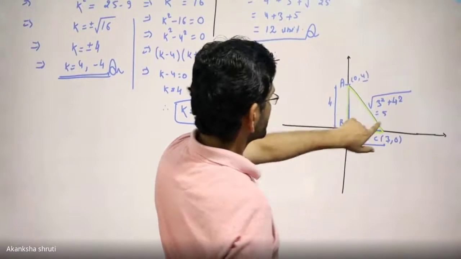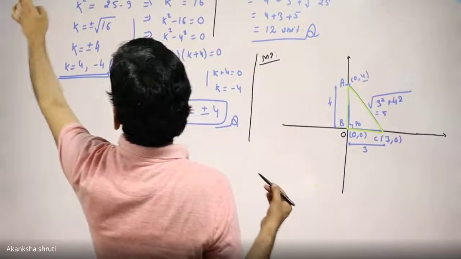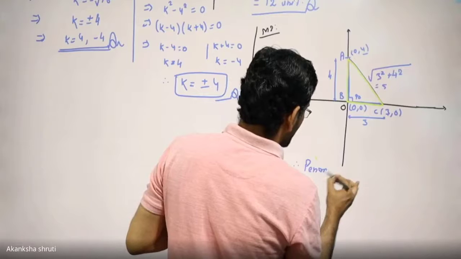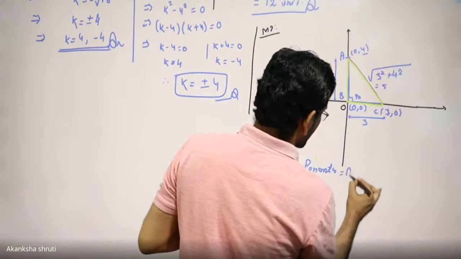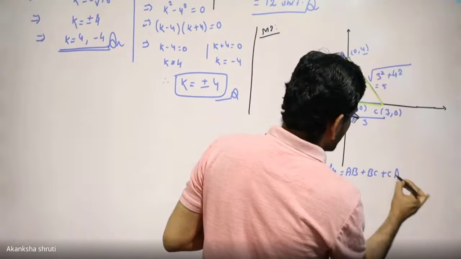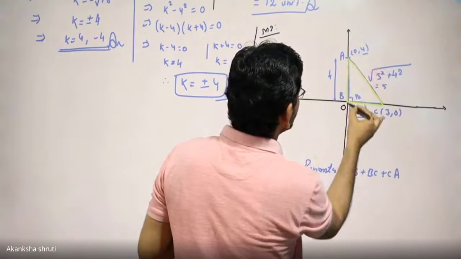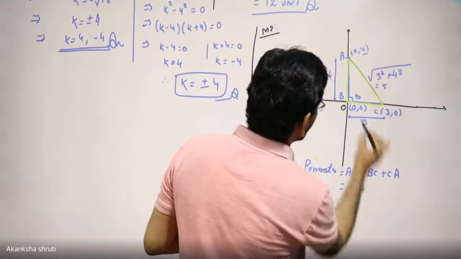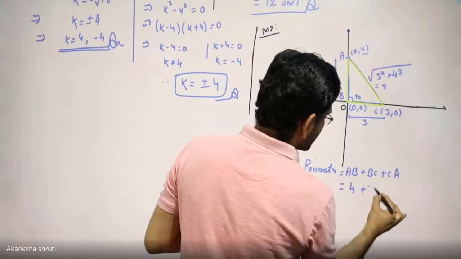Students, so just by plotting we get the 3 sides known to us. Therefore, the perimeter is equal to AB plus BC plus CA. AB is this one, A to B, it is our 4. We can directly put 4. BC, this one, 3.